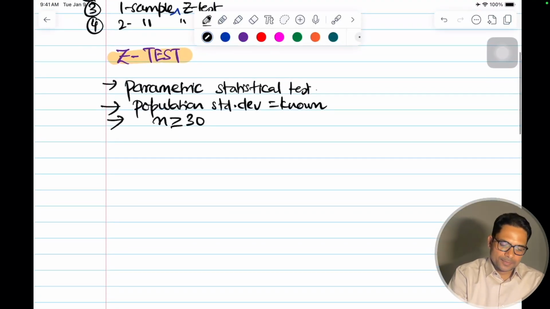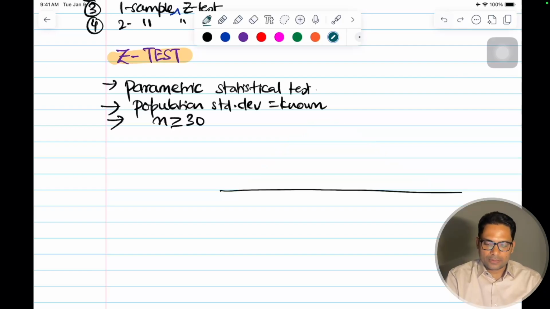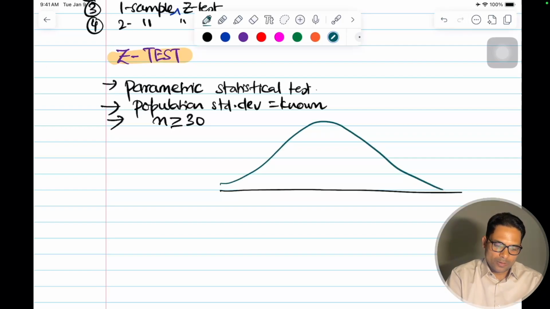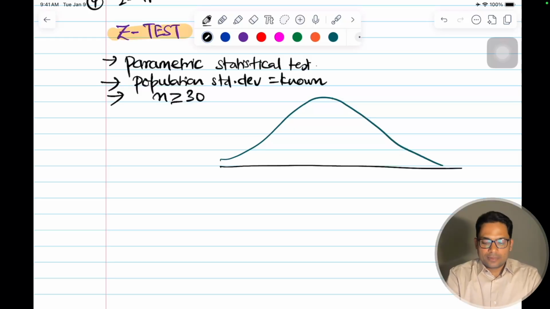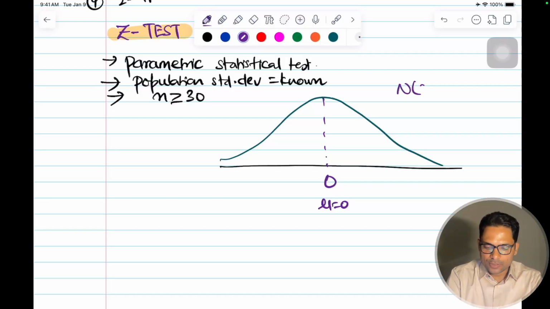So this z-test assumes that the underlying data is normally distributed. We know that if the data is normally distributed as N(0,1), that is mu is 0 and variance is 1, that is standardized.